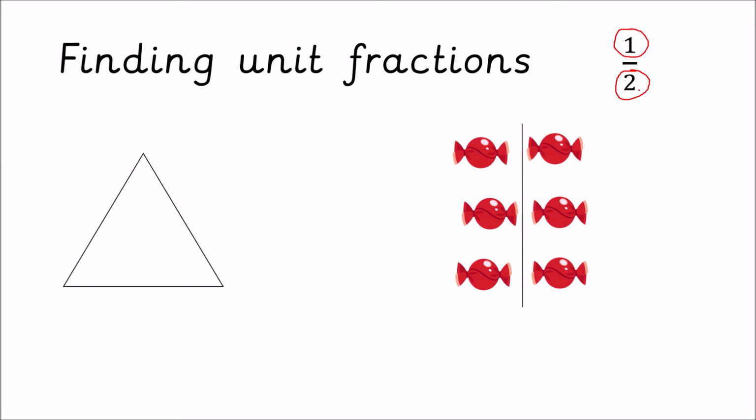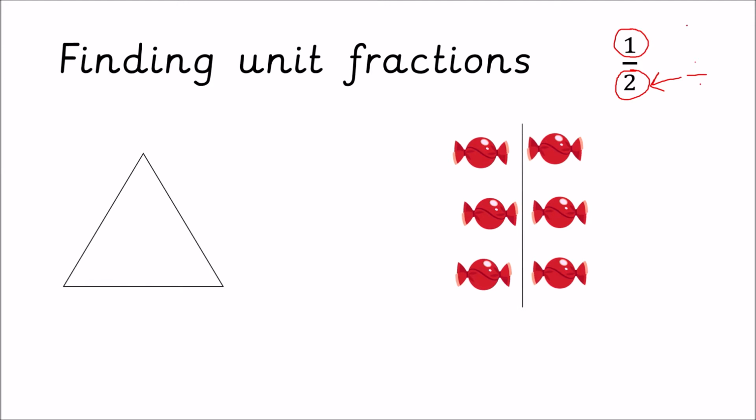The denominator tells you how many equal pieces your whole has been divided into, and whether your whole is a quantity, so you might have a total of 6 cupcakes and that would be your whole, or you might have a triangle as we have here. Either way, your whole is divided into 2 equal pieces and that's what the denominator tells you. It's how many pieces we've been dividing into.